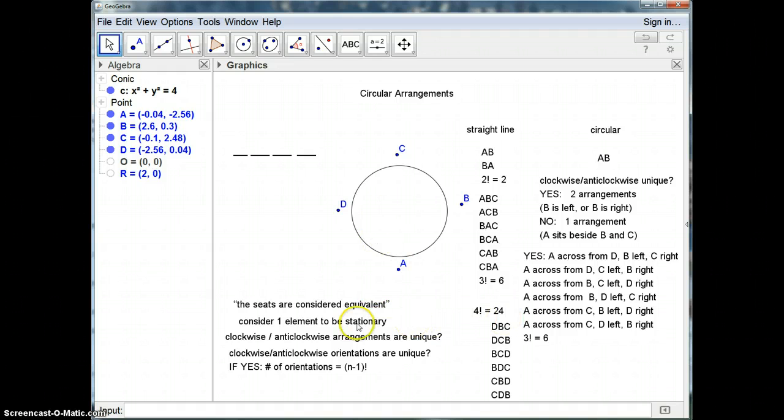The next question you have to ask is, do the orientations matter? Are they unique? So such that if A is sitting beside D and B, does it matter that D is on the left and B is on the right, or is it just the fact that A is sitting beside B and D? I believe on the test question, they are considered unique, so you would use this formula.